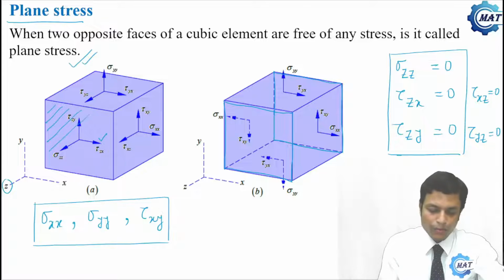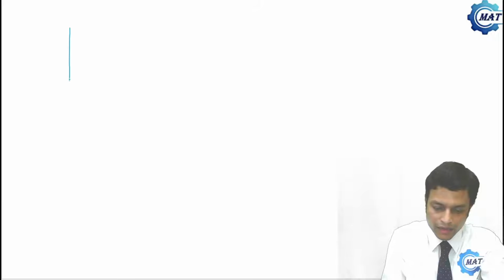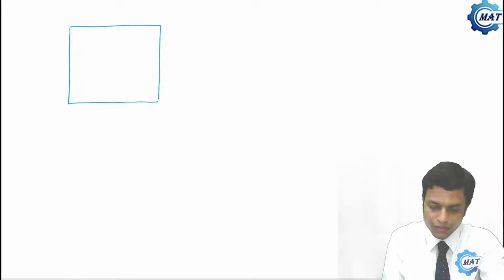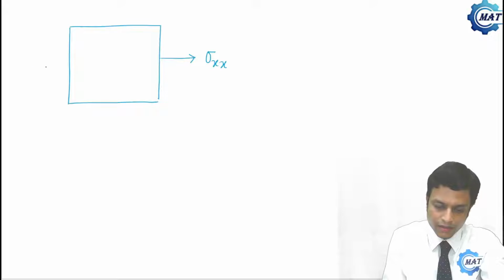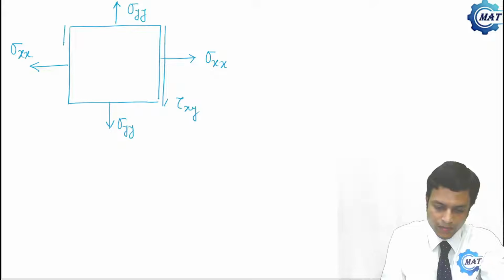Now, how to represent a plane stress condition? These three are existing stresses and we can represent them like this. This is a plane stress situation. This is sigma xx, sigma yy, and the existing shear stress is tau xy.